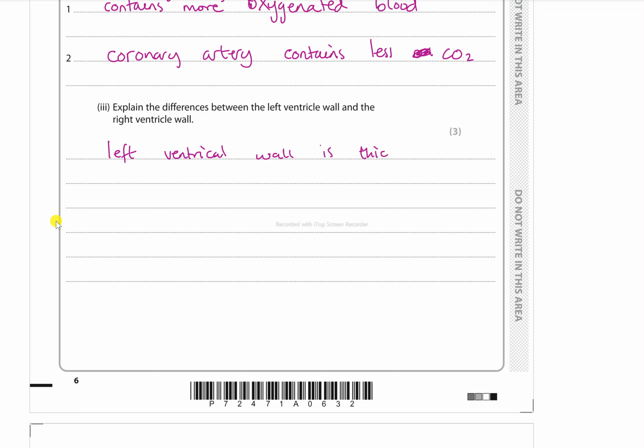Okay, let's use the word thicker, and has more muscle, since it has to withstand more pressure, because the blood has to be pumped around the body. 1, 2, 3.